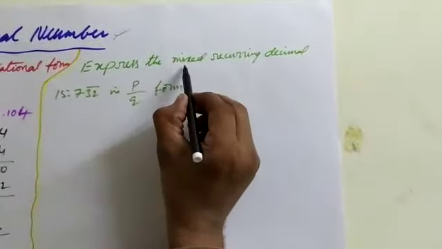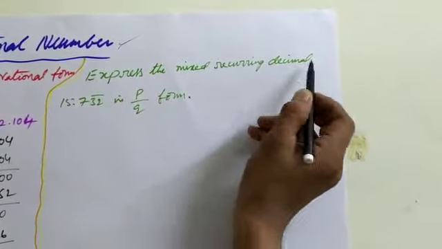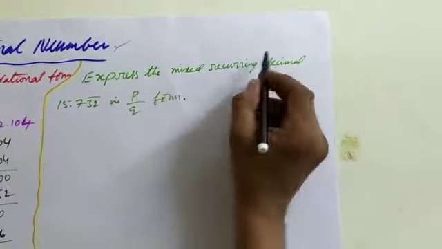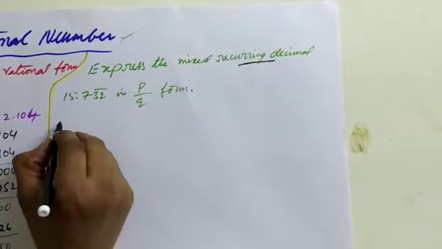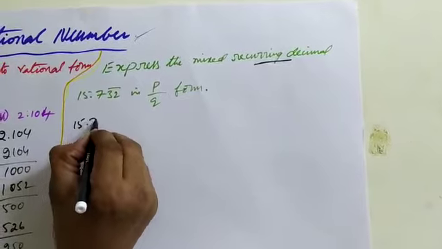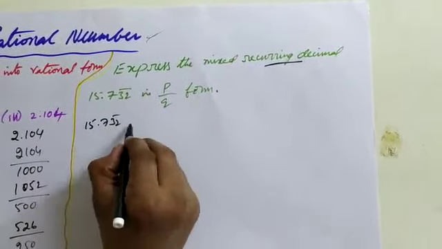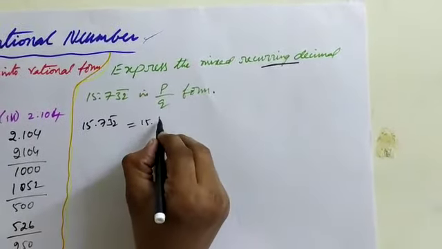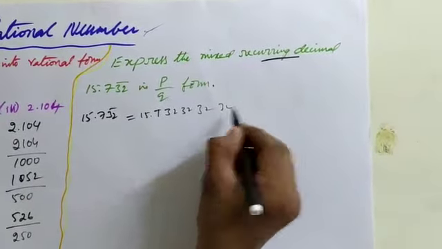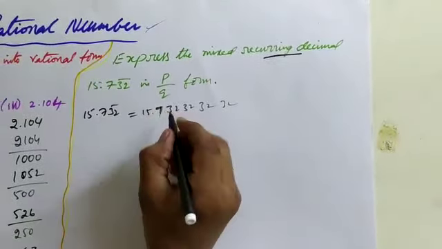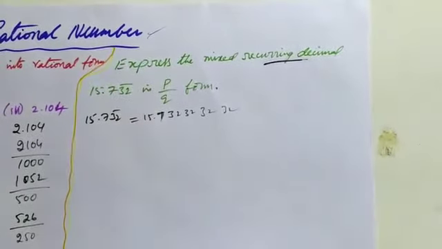Next, express the mixed recurring decimals. What is the meaning of recurring decimals? The number is repeated. For example, 15.732 with bar on 32. That means 15.7323232 and so on. That means mixed recurring decimals.